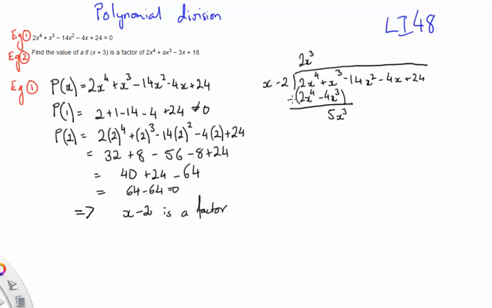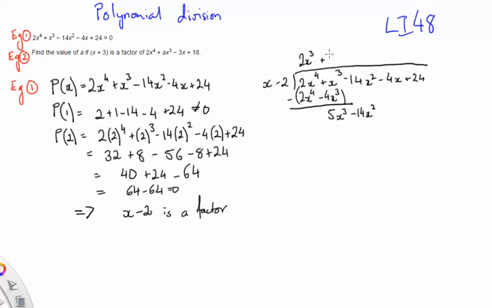Okay, and these disappear because you've got 2x to the 4 minus 2x to the 4. Then you bring this one down here, the 14x squared, and then you follow through the same procedure.